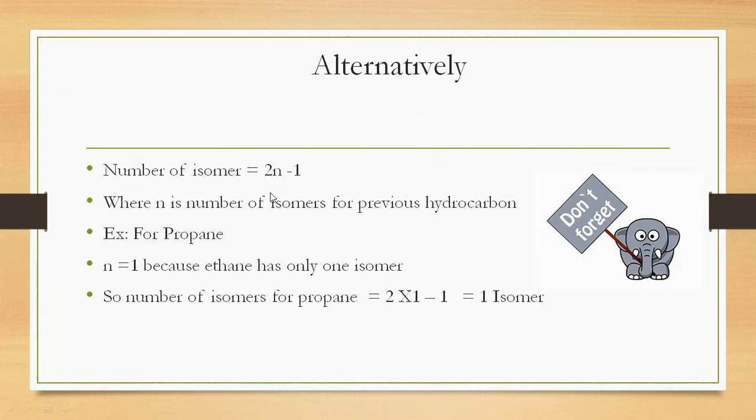So it is better to use the previous formula, 2 to the power n minus 4 plus 1 for alkanes up to 7 carbons, and for 8 carbons, the 2 to the power n minus 4 plus 2 formula, we have to use.